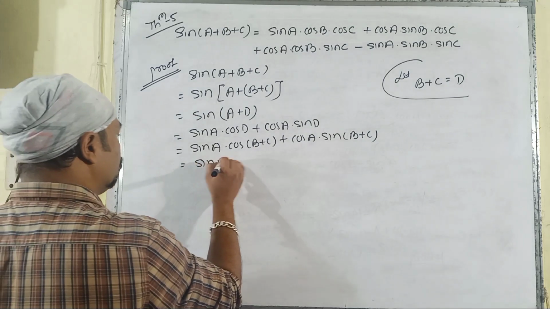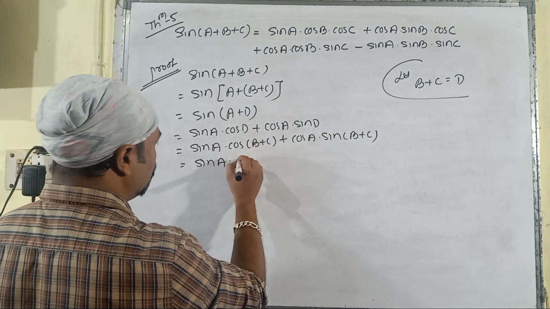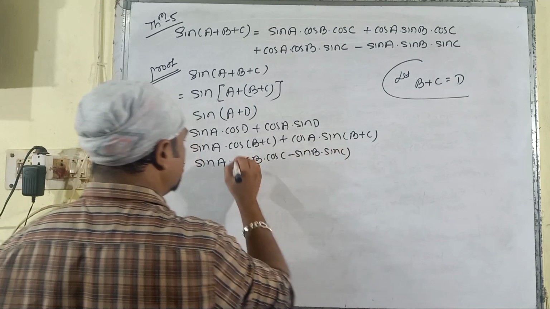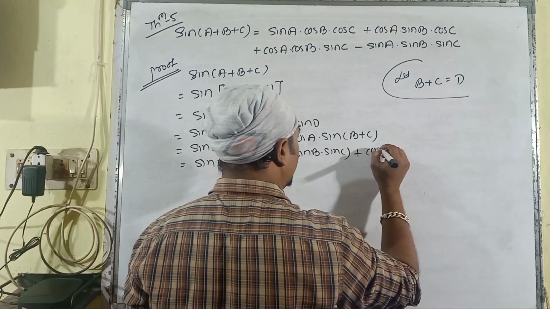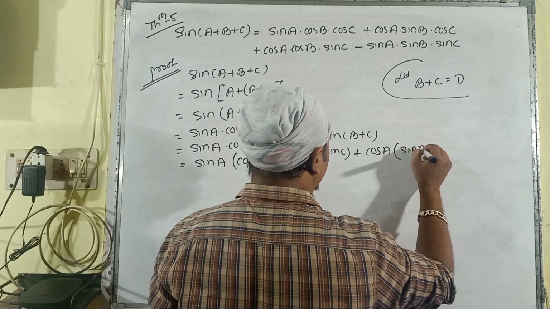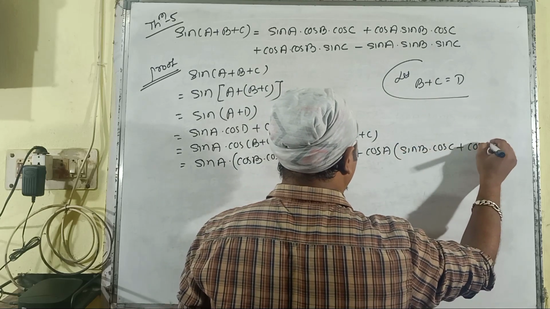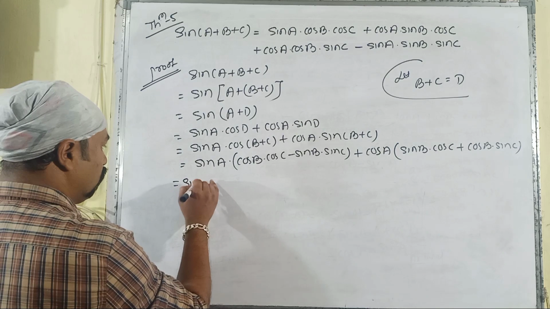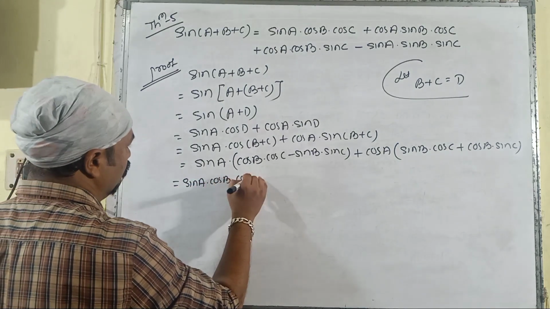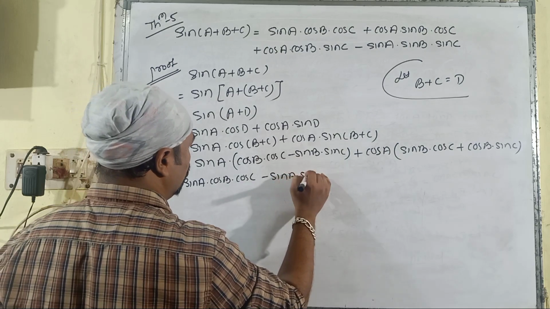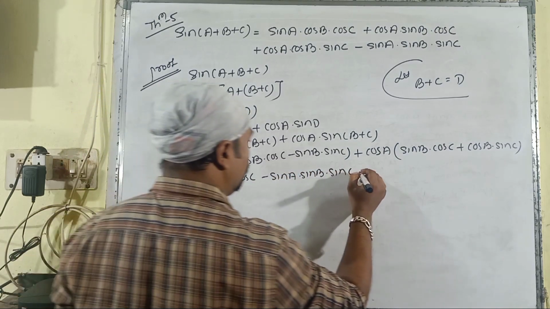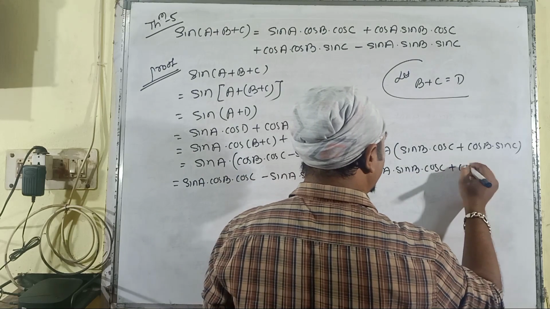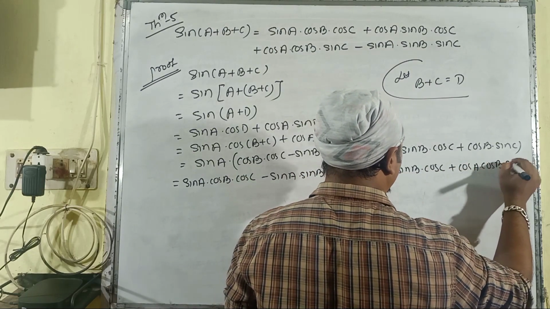Then by putting the values, cos(B+C) is equal to cos B into cos C minus sin B into sin C, plus cos A multiplied with sin B into cos C plus cos B into sin C. Then multiplying the terms here, it will be equal to sin A into cos B into cos C minus sin A into sin B into sin C plus cos A into sin B into cos C plus cos A into cos B into sin C.